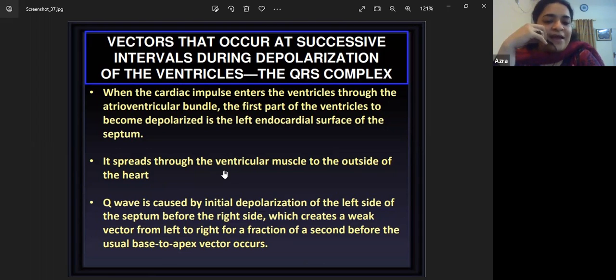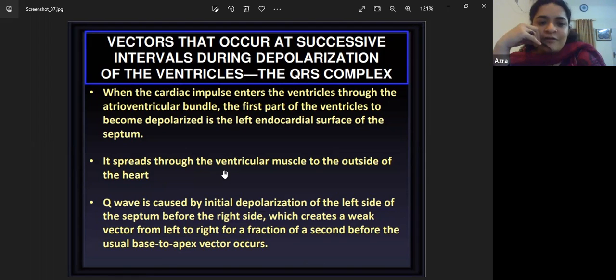First of all, depolarization happens in the left side of the septum, then the right side is depolarized. So the Q wave is caused.